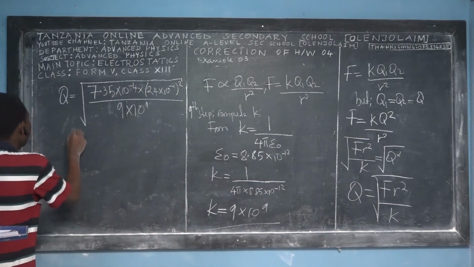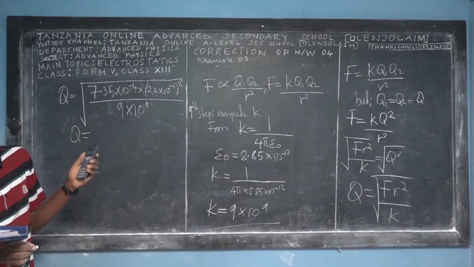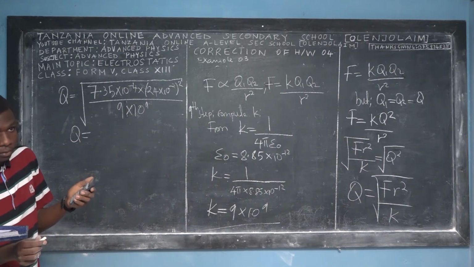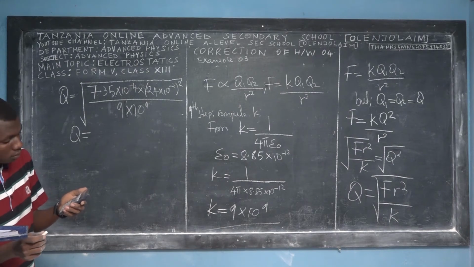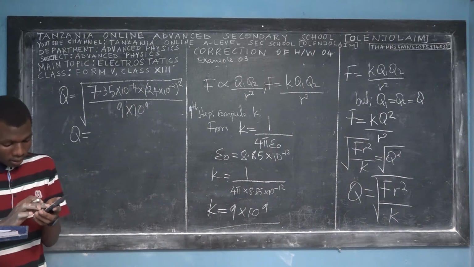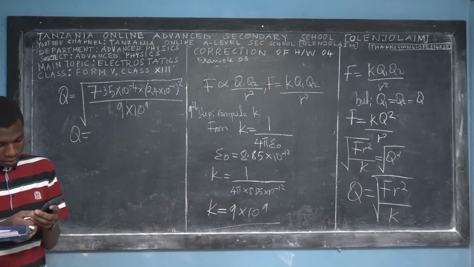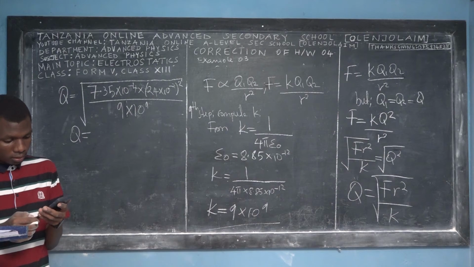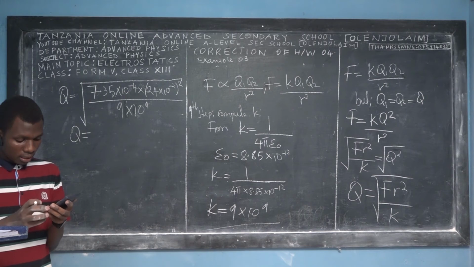So the value of charge is equal to, let me compute here: 7.35 exponent negative 4 times 24 exponent negative 2 square divided by 9 exponent 9, under root of my answer.